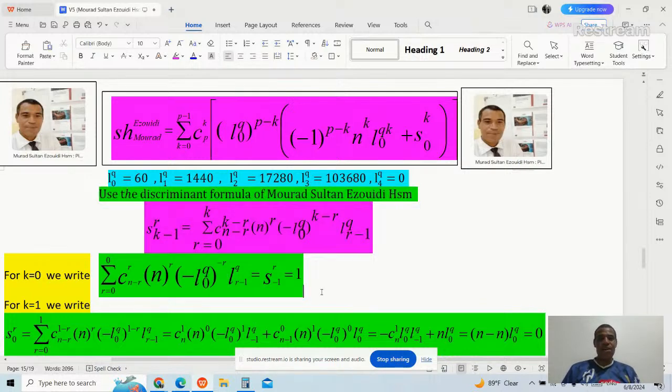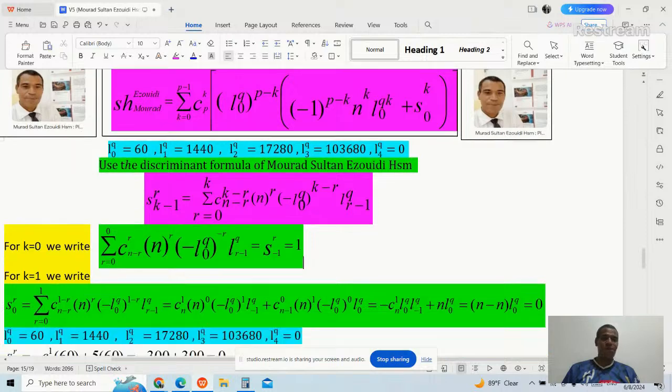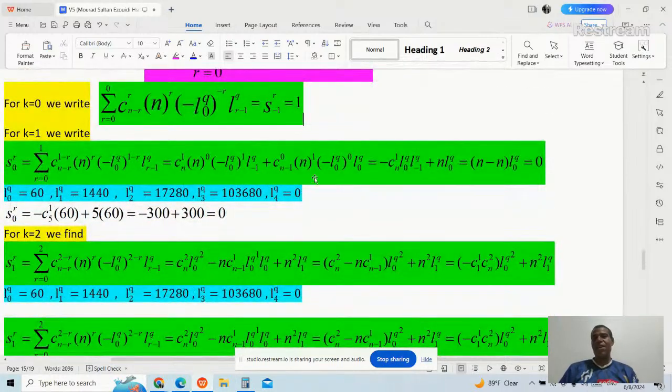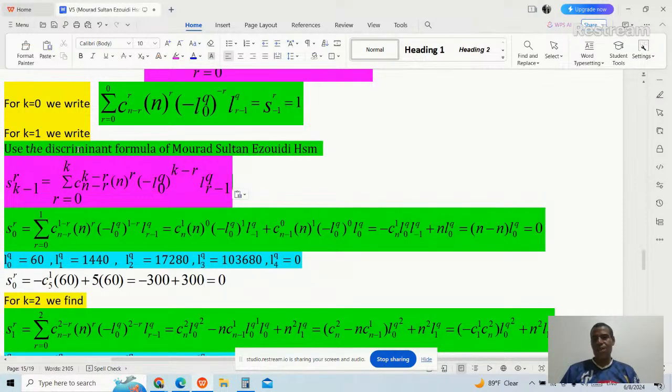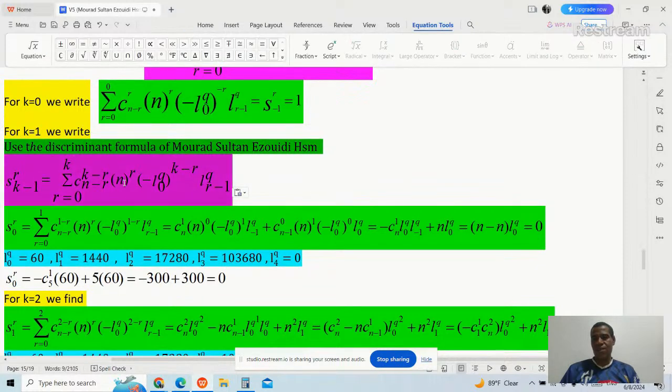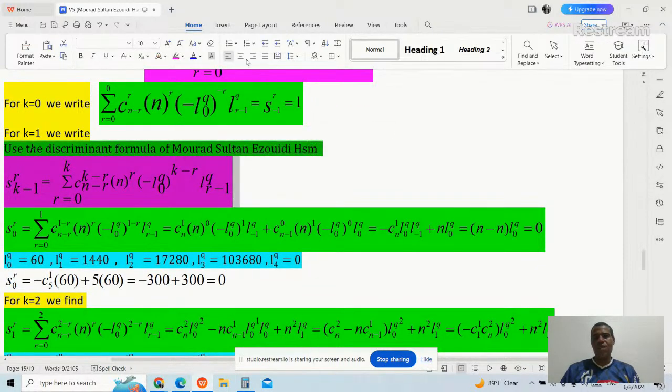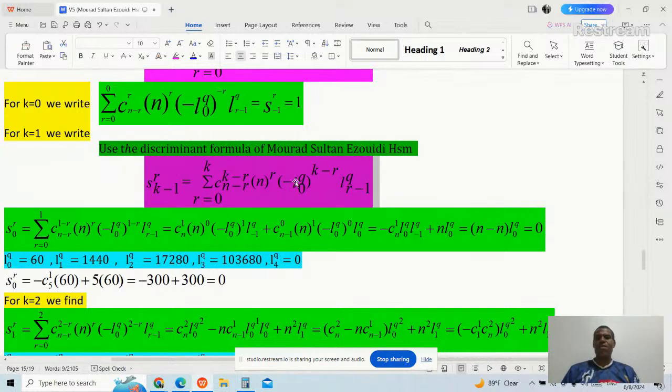Now I'm going to find S_1, which is the same as S_0 here. I will use the discriminant formula of Mourad Sultan Ezouidi so that we can find the value of S_0.